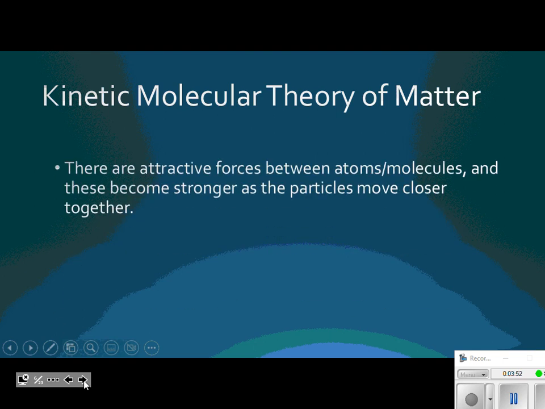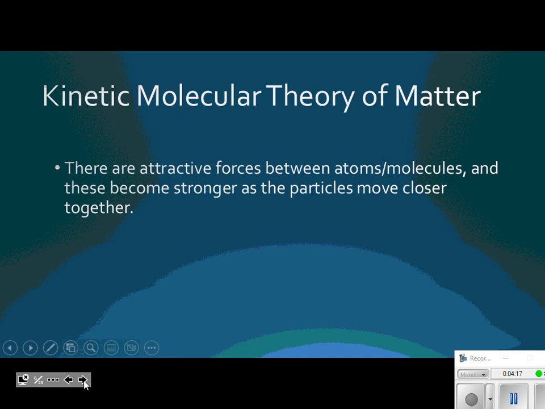There are attractive forces between atoms and molecules, and these become stronger as the particles move closer together. So, we just said that solids had less space than gases, so solids are closer together than gases.